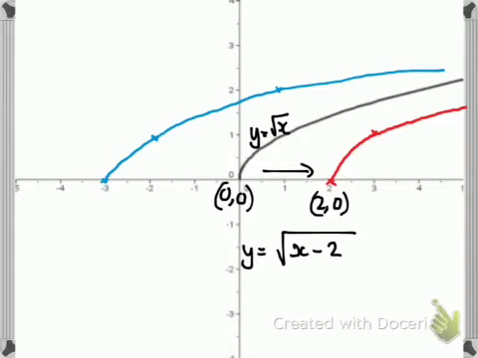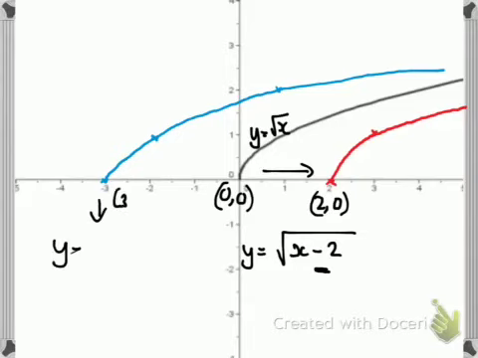So once again, same pattern, a negative 2 there shifts the graph 2 places to the right. So no prize for guessing what this graph would be over here. It's got an endpoint of negative 3, 0. So it's y equals the square root of x plus 3. It's been translated 3 units to the left.